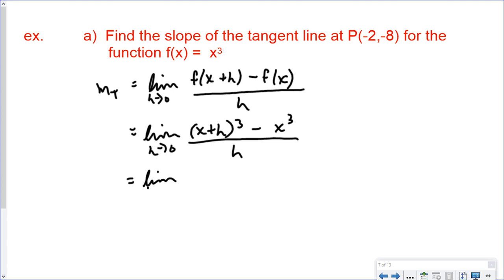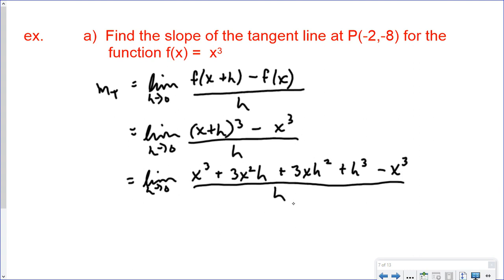You can expand this out the long way, but the binomial expansion uses the coefficients from Pascal's triangle, and it really helps. It saves a lot of time if you just know how to expand this expression here, and then I've got a plus h to the power of 3 minus x to the power of 3 all over h.